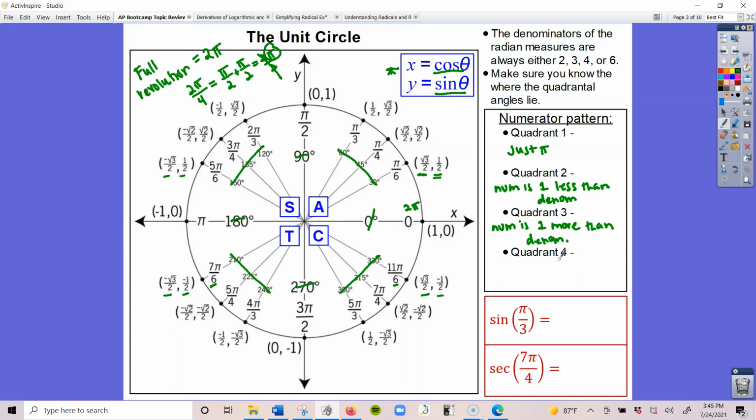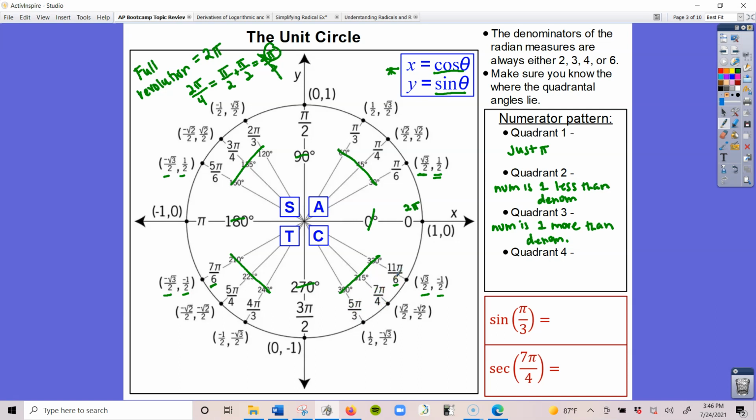Once you're in quadrant 4, this pattern may be a little bit harder to distinguish, but you'll notice that if I were to double the denominator and then subtract 1, I would get the numerator. See, 5 pi over 3. The double of 3 is 6, minus 1 is 5. The double of 4 is 8, minus 1 is 7.